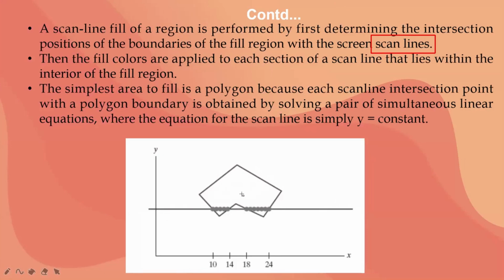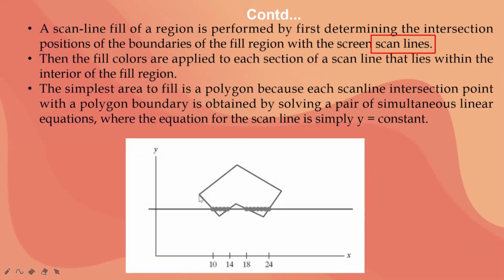So what is the simplest way to find this out? If I ask you to find the area of your polygon, you have to just find the polygon boundary. Because we know that if I have to find the area, then I should get the boundary regions. What are the polygon boundary regions?